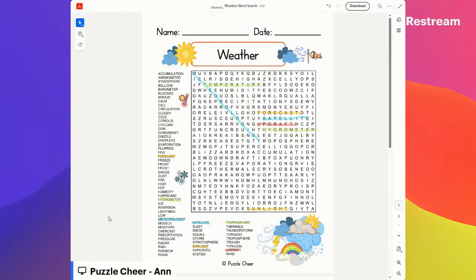And Rory found breeze, vertical, starting in the top row, left side. Thank you. Breeze. BREEZE, breeze.